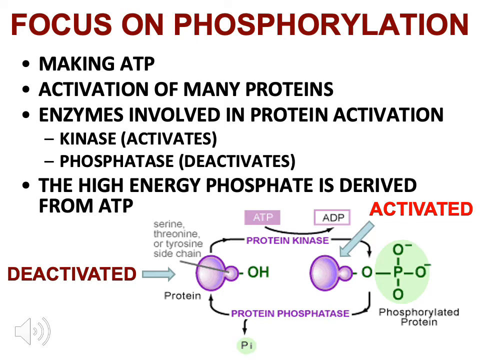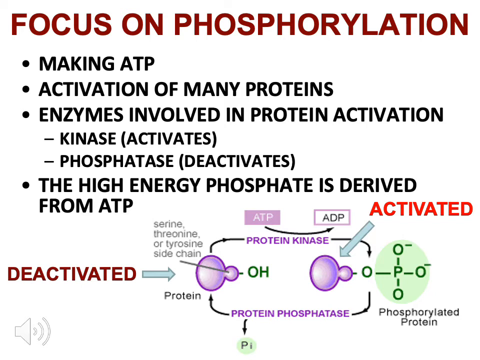Many times, if a protein is to do a job, it needs to get activated. And that activation involves kind of an injection of energy to the protein, and that is accomplished through the action of an enzyme called kinase. So you will see our bullet point says a kinase is an enzyme that will actually activate a protein.